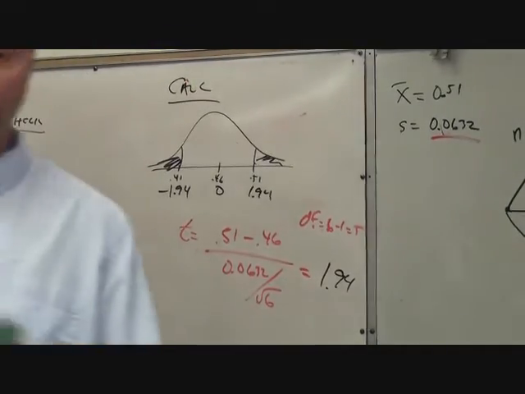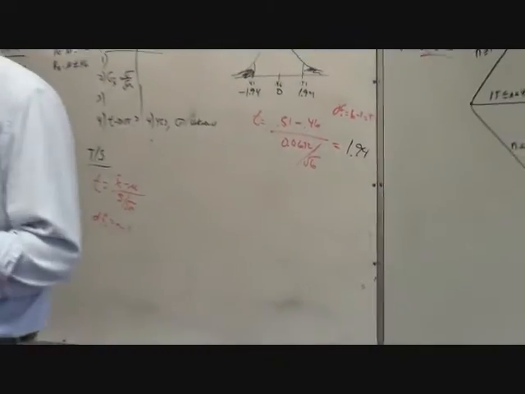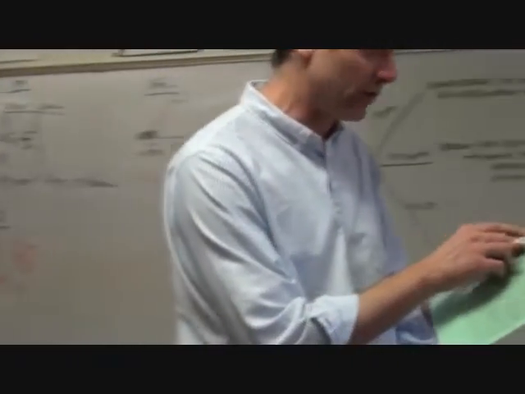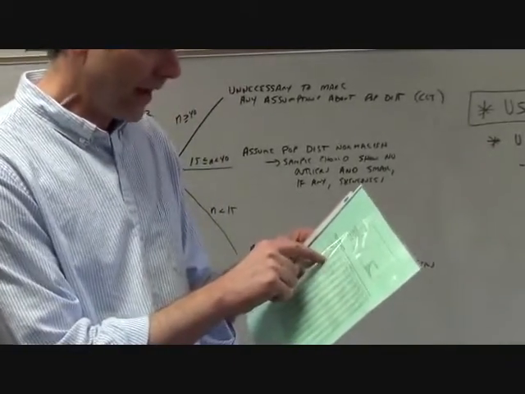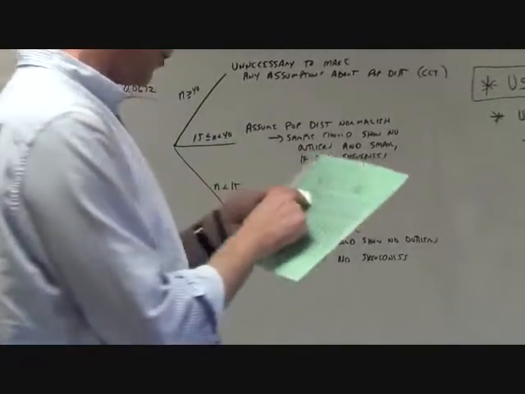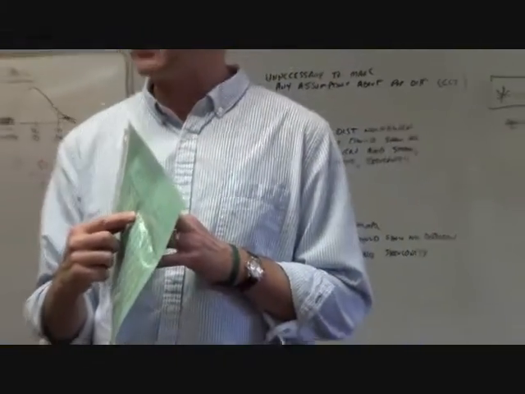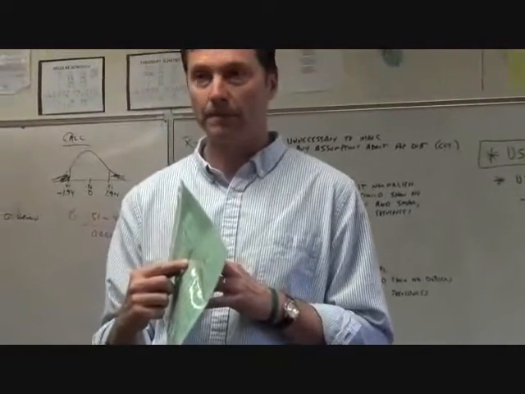All right. Now remember, we have to look at this differently than we've done in the past. We're trying to find that shaded region. We're still on 5 degrees of freedom. So go to your 5 degrees of freedom line and go find 1.94. Does anybody see it? It's not there.